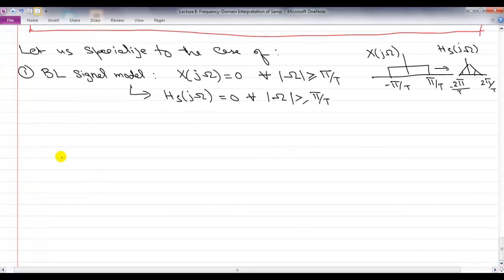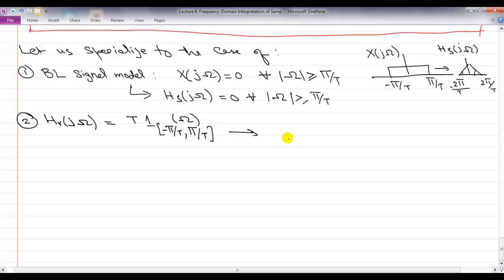So our specialization involves a band-limited signal model, and the other thing we are going to assume is that we have an ideal low-pass filter. HR(j omega) is T times the indicator from minus pi by T to pi by T of omega.